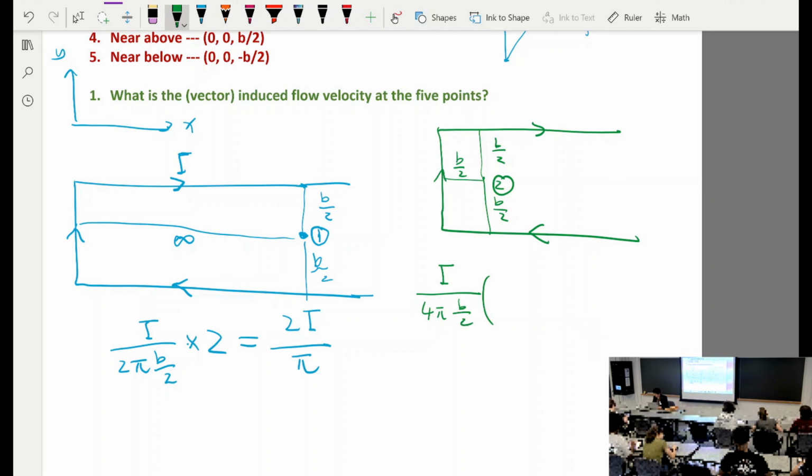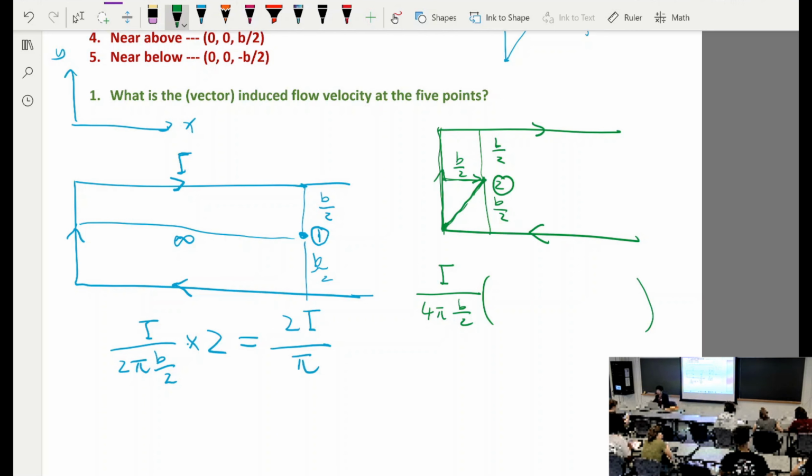And let's look at the bound vortex first. For the bound vortex, just remember again, the angles are the angle between the observation point connecting with the end of the vortex and the direction of x, where the direction of x is the direction between the nearest point on the vortex and the observation point.